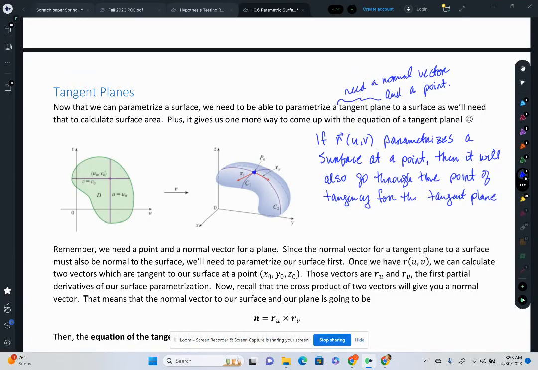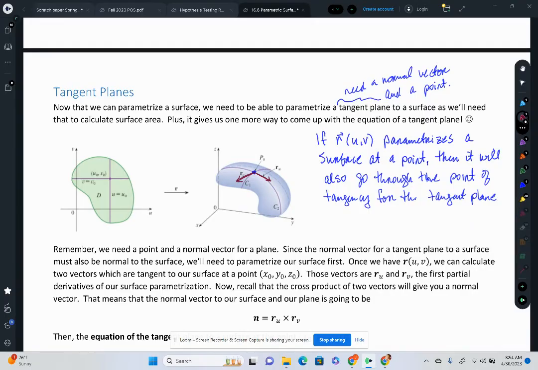Now, at that point, if we were to take our parametrization function of the surface and find the partial derivatives of it, the r sub u and the r sub v, those partial derivatives are going to be vectors that are tangent to the surface at the point.